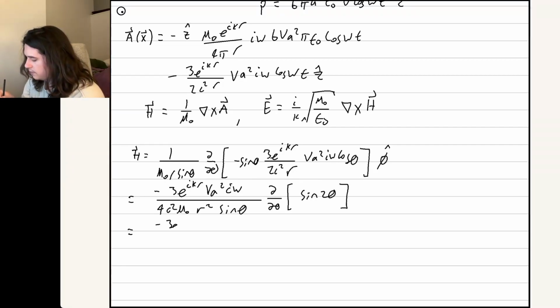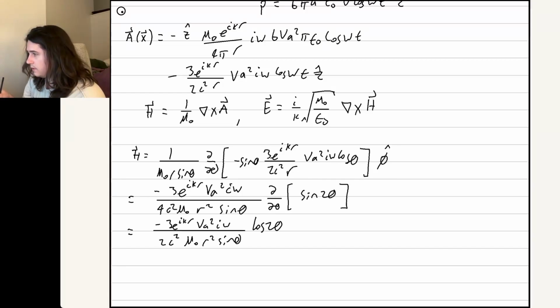So we get that the denominator is back to having a factor of 2. We got 2c squared mu naught r squared sine theta cosine 2 theta.